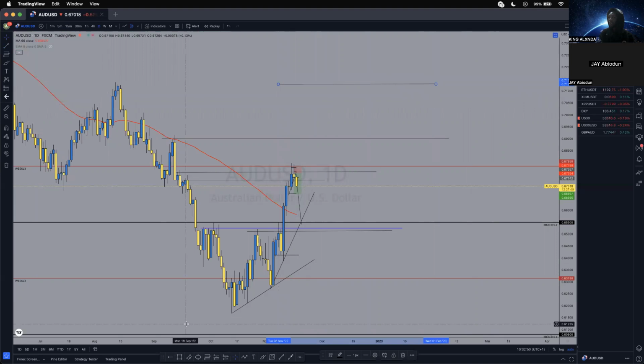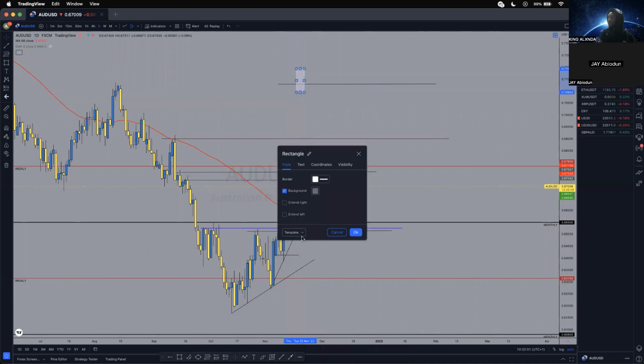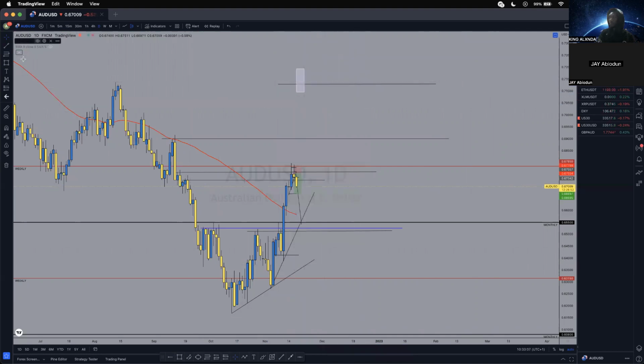So what I mean by that is, let's say this is a support. We have one bearish candle. If we have one bearish candle on a support, my network has done trash again.